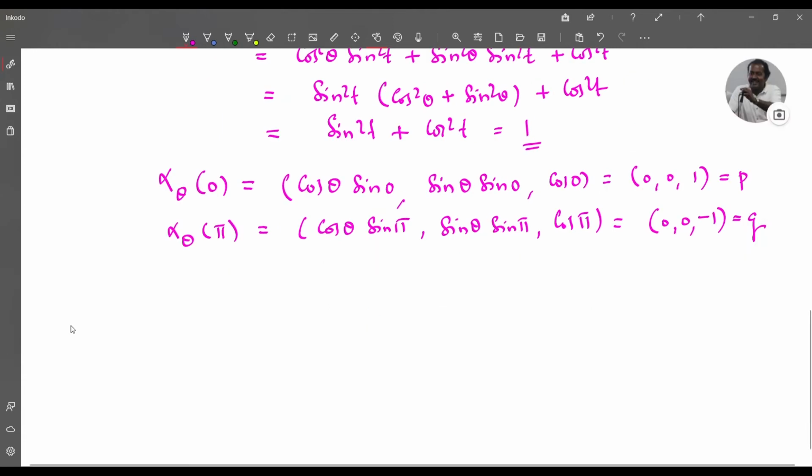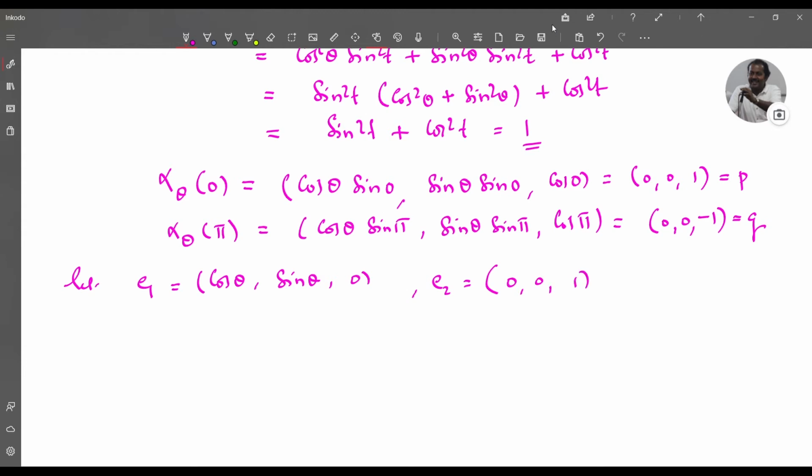We let E1 equal to (cos theta, sin theta, 0) and E2 equal to (0, 0, 1).